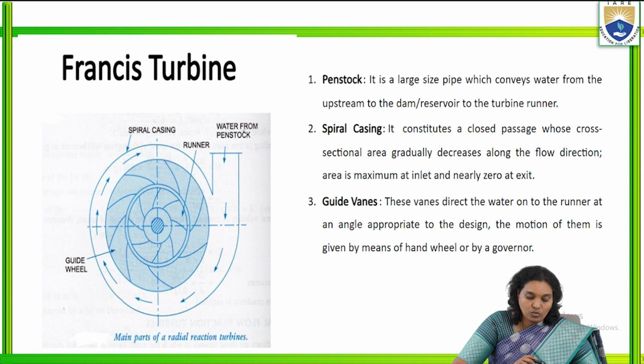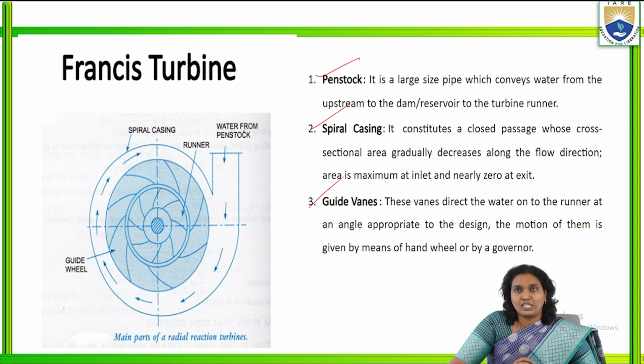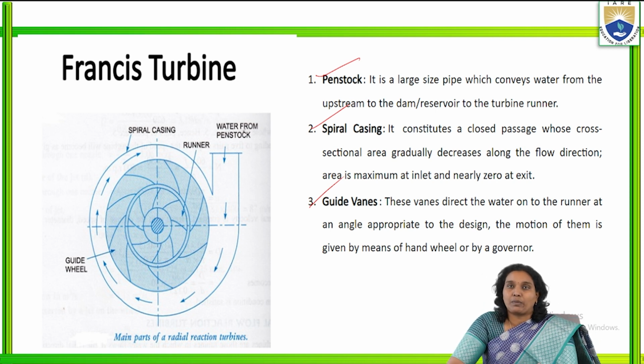Coming to the Francis turbine, these are the components which we have. Penstocks are large size pipes which convey water from the upstream, from the dam or reservoir, to the turbine runner.